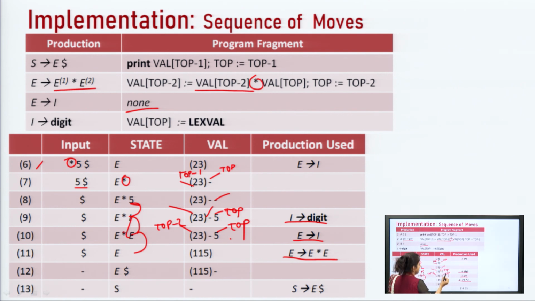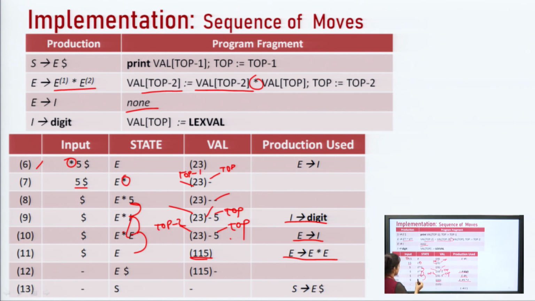We will apply the multiplication on these values, and the result will be stored at top minus 2. And now we will update our top pointer, that is top is equal to top minus 2. So, the top index will be changed to top minus 2, and this is at the top of the stack.